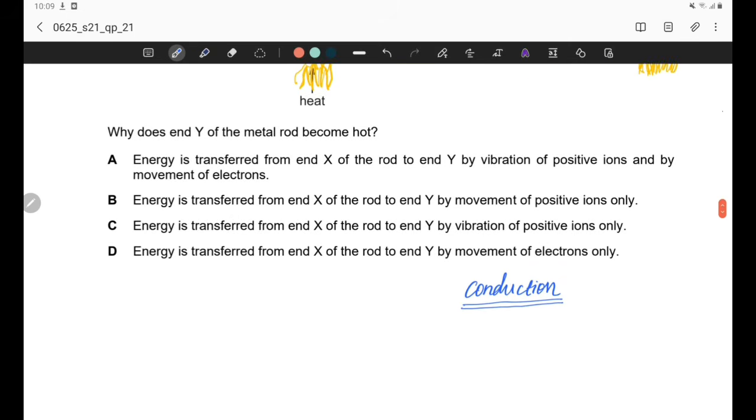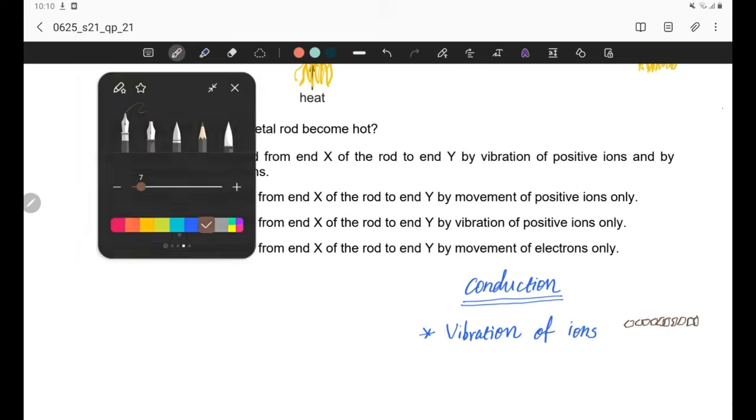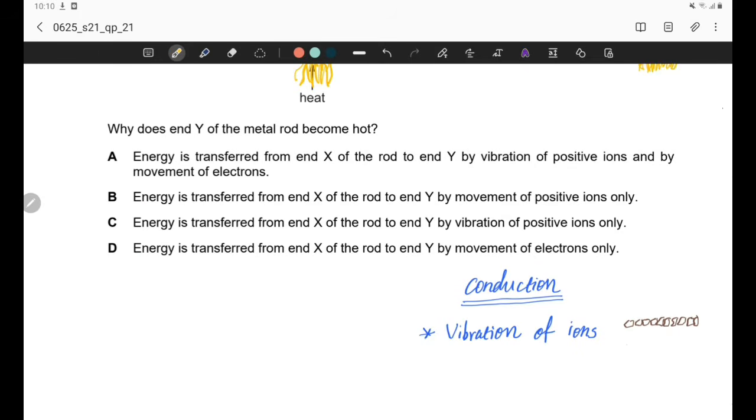And this will happen in two different ways. The first one is the vibration of the ions or molecules. So here we should know the ions or the molecules will be close to each other. They cannot move from one place to another place. But when you supply heat energy to the one end, these ions start to vibrate.